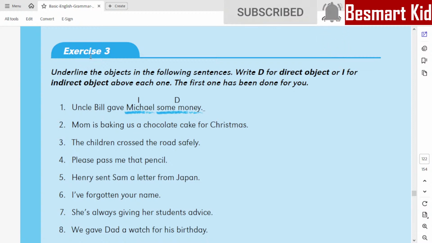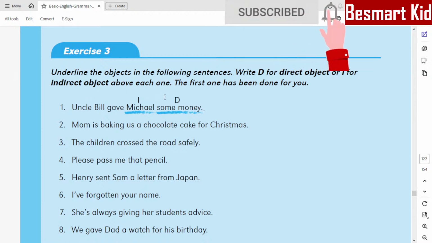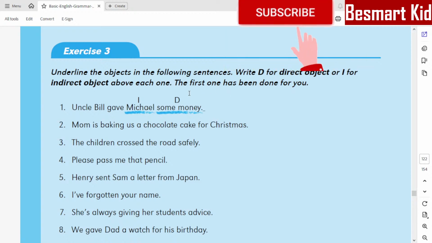Exercise 3. Underline the objects in the following sentences. Write D for direct object or I for indirect object above each one. The first one has been done for you.